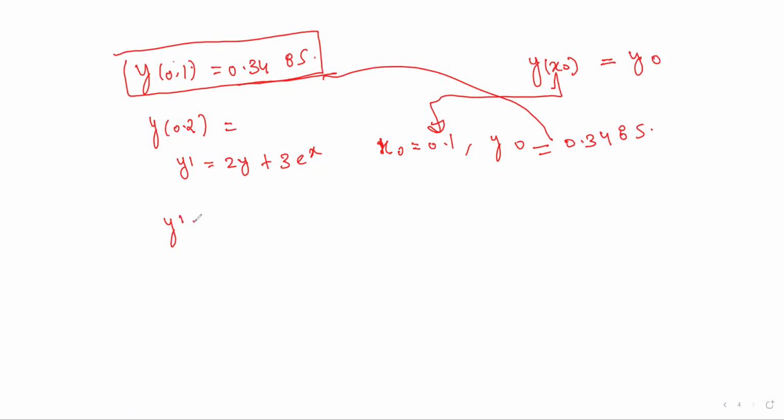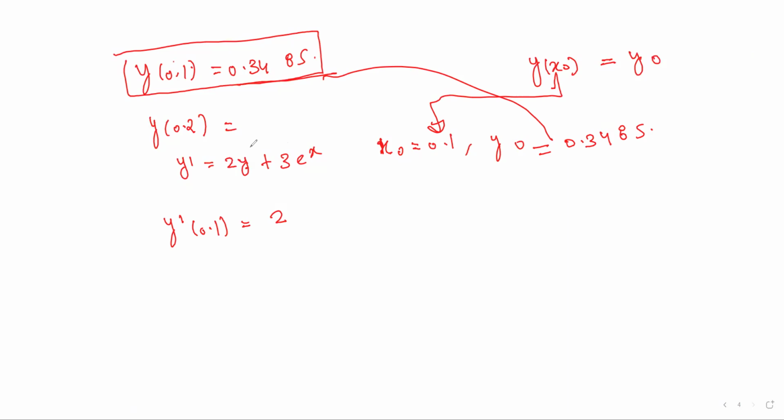Now the same thing for y dash of 0.1. If you differentiate this, the first value is straightforward: twice y of 0.1, and the value of y of 0.1 is 0.3485.